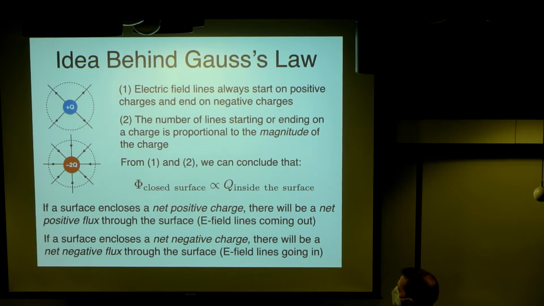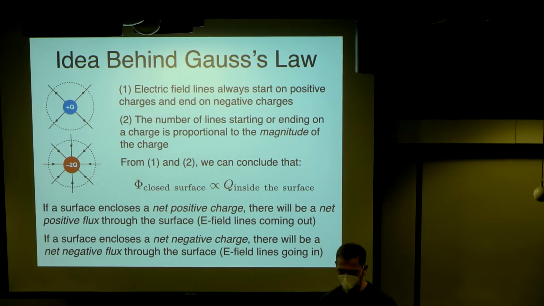Okay? So based on these two facts, we can make a conclusion. Okay? If we have a closed surface, the flux through that closed surface basically just depends on how much charge is inside the surface. So let me say that again. The flux through a closed surface is proportional to the charge that you see inside of that surface.